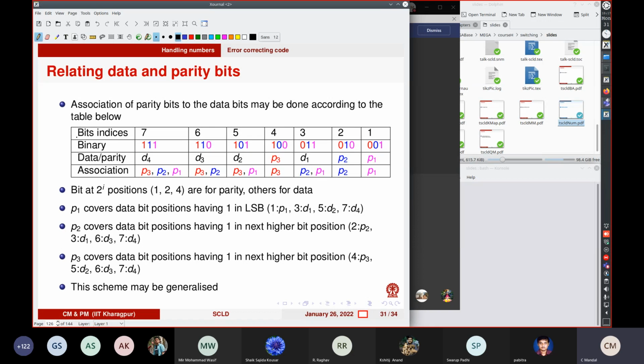These are their binary encodings, and the association is shown over there. All right. The association is shown over there.